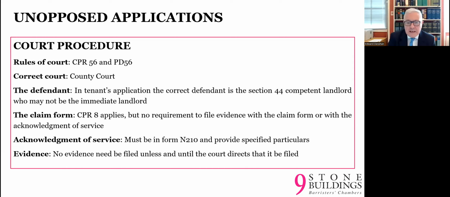So if the tenant's immediate landlord is a tenant himself and its tenancy has 10 years to run, then clearly it can't make that grant. In those circumstances, the defendant in the tenant's claim is that person next up the line who has a sufficient interest to be able to grant a new lease of 15 years. Bearing in mind, it might not be 15 years, but the court has jurisdiction to order a new term of 15 years.